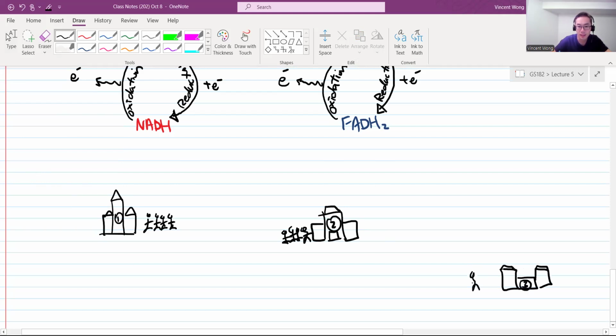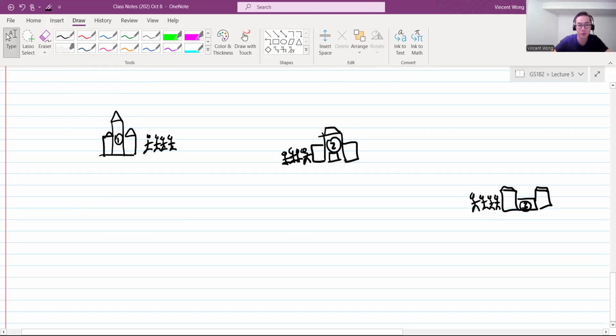Think of this as some kind of vacation destination, all right? People go on vacation and they go to these different hotels, but now it's time to go home, so they have to go to the airport, which is number four here.